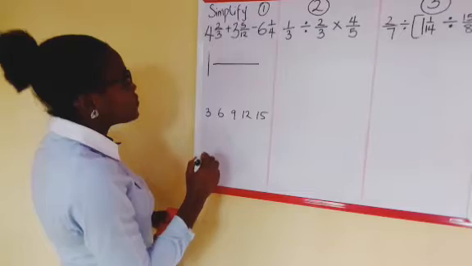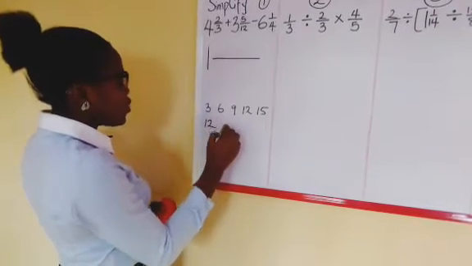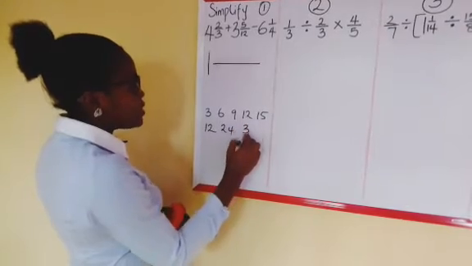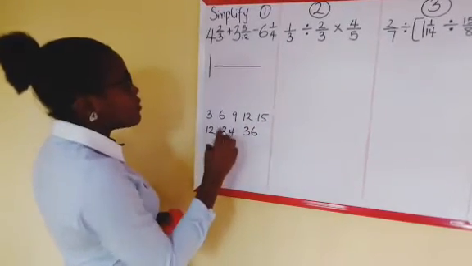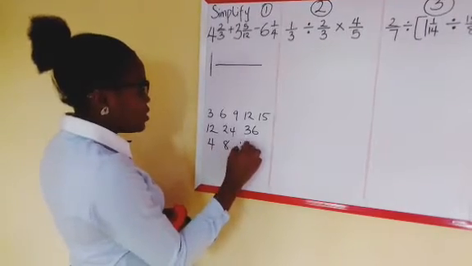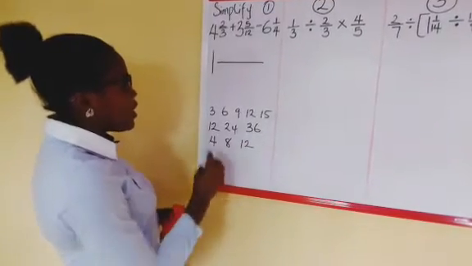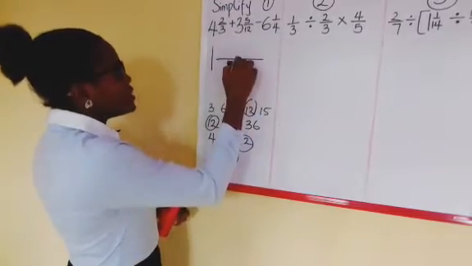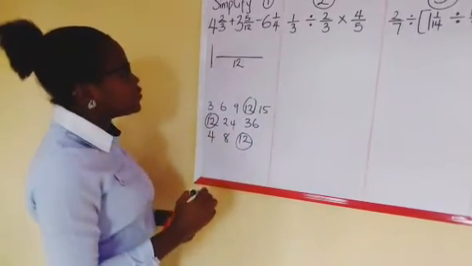The multiples of 12 are 12, 24, 36. The multiples of 4 are 4, 8, 12. Let's stop here. Now the lowest common multiple is 12. So we have it here as our denominator.